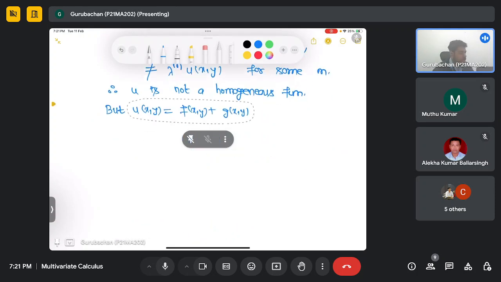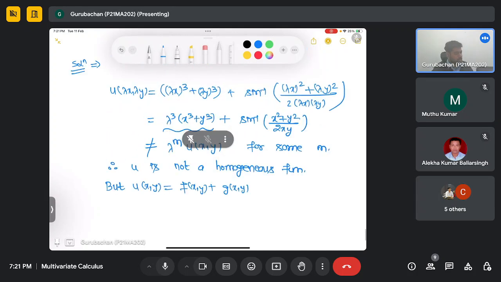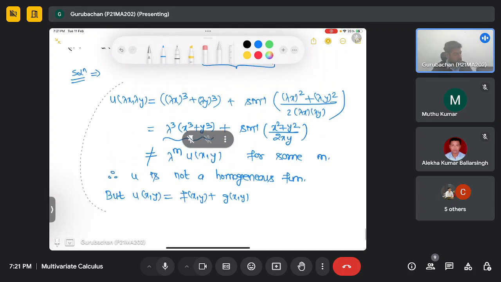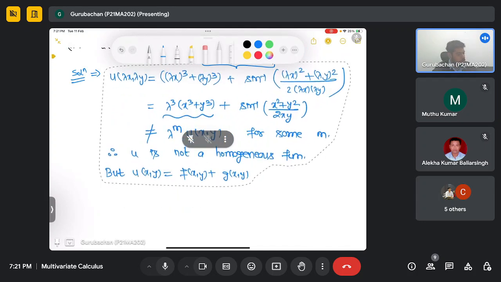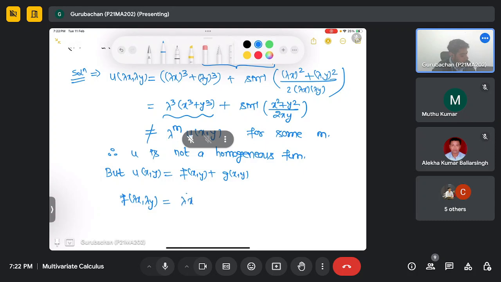We have written this function u as a sum of these two functions, and these two functions are homogeneous, and we will prove first how these functions are homogeneous. F of lambda x, lambda y will give us lambda x cube plus lambda y cube, which will give us lambda cube f(x,y).